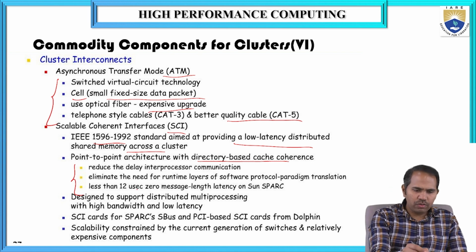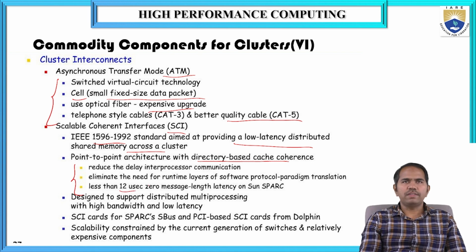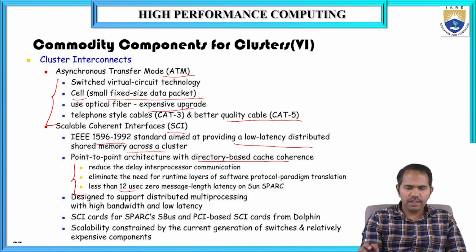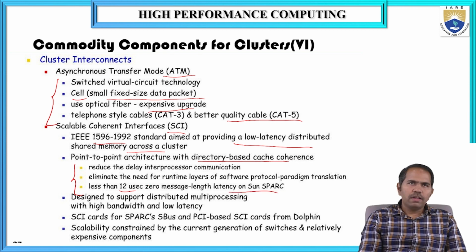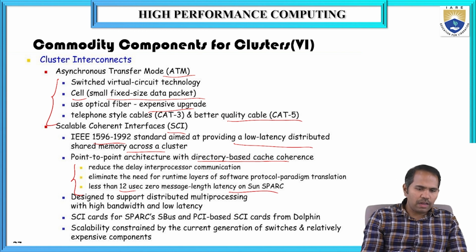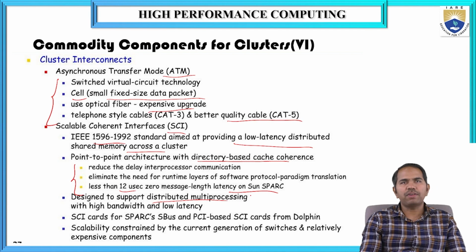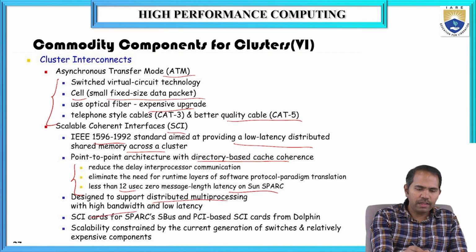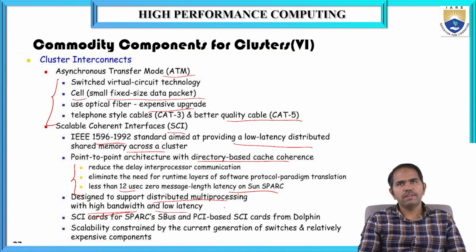Next is less than 12 microseconds zero message length latency on Sun SPARC. And next, scalable SCI is designed to support distributed multiprocessors with high bandwidth and low latency. This is very important: high bandwidth and low latency.